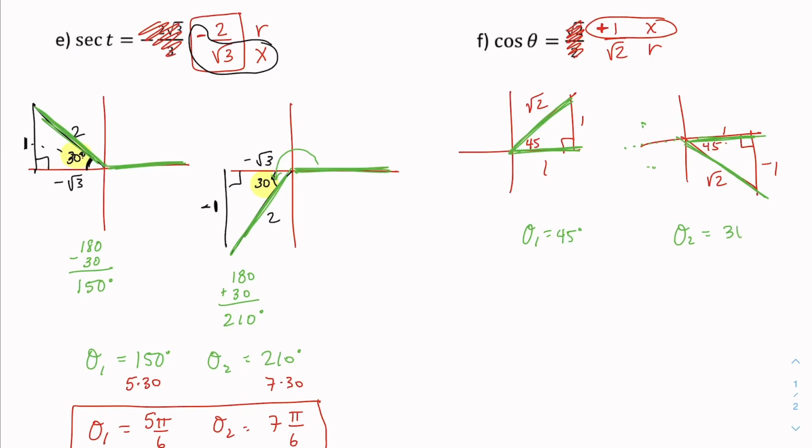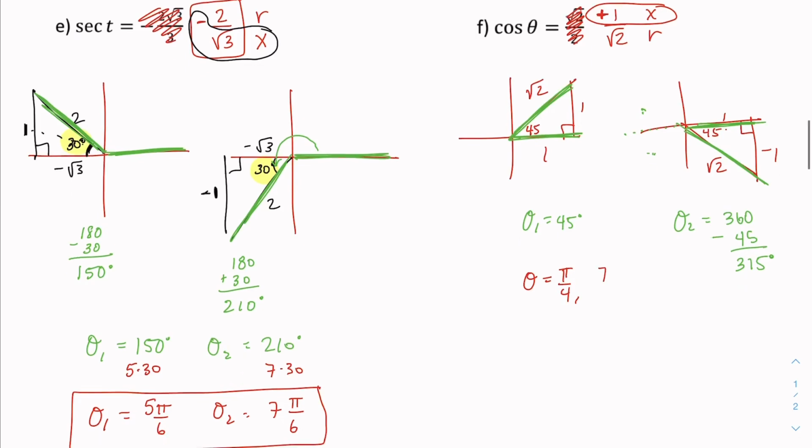We'll use the 360. And 360, take away 45, leaves me with 315 for my second answer. So our final answers in radians are pi over 4 and then 7 pi over 4.